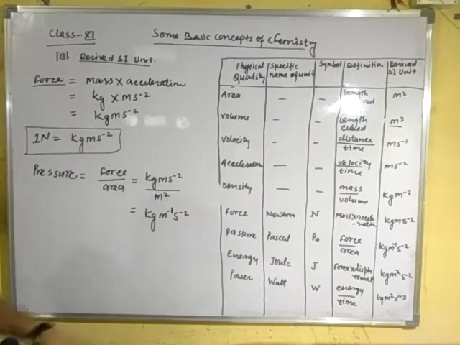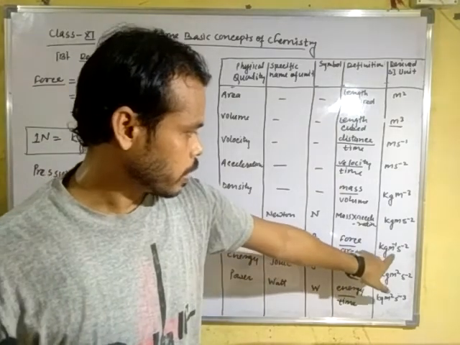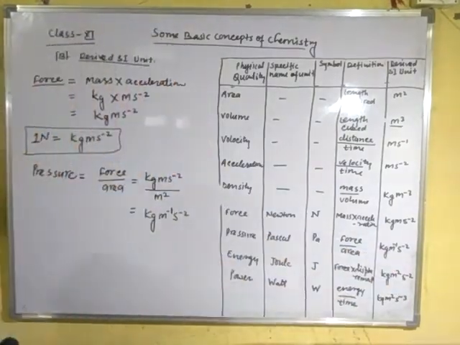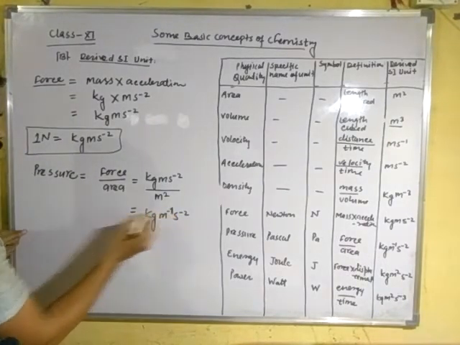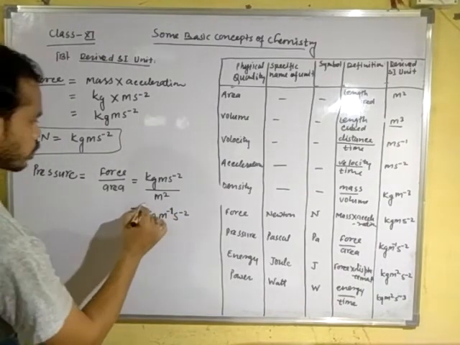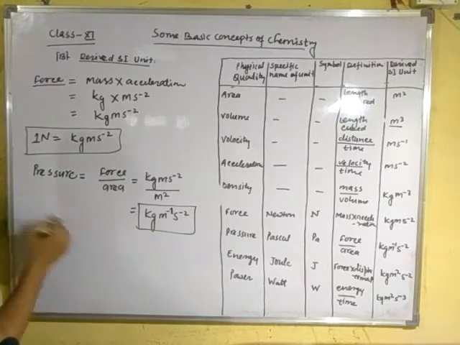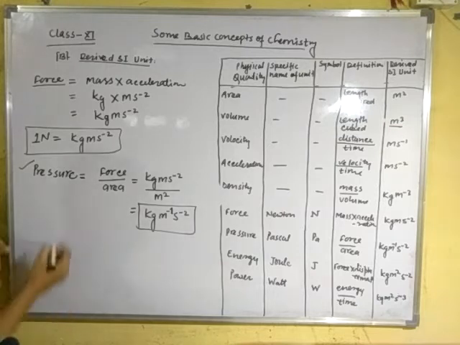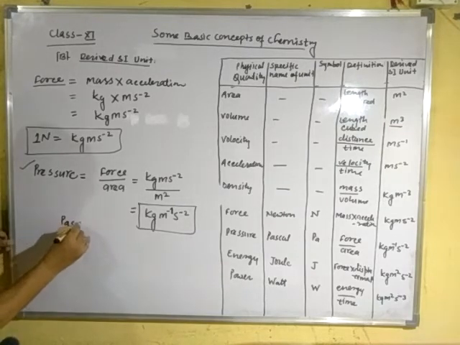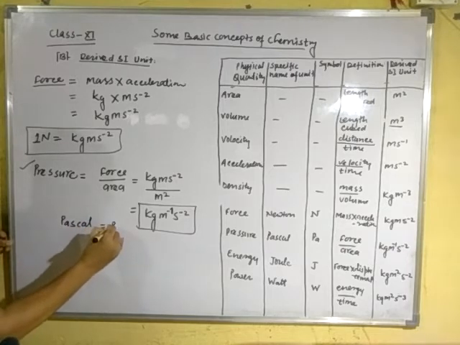Kilogram meter inverse second power minus 2, per second square also you can say. Now this is the derived SI unit of pressure, and the pressure is referred to as Pascal, and denoted by Pa.